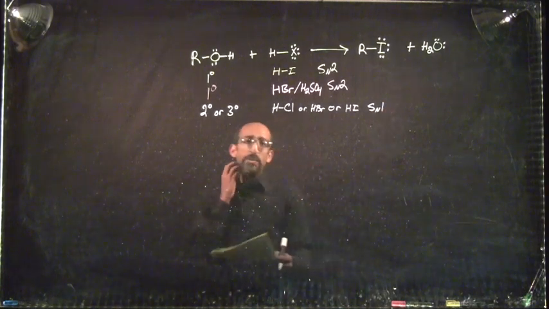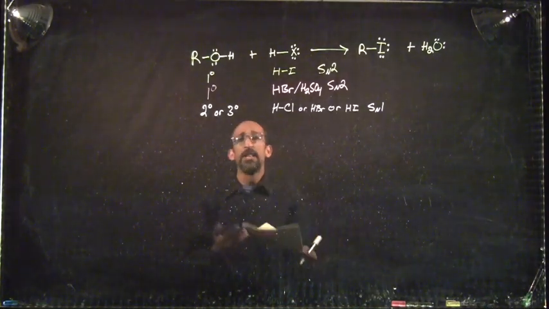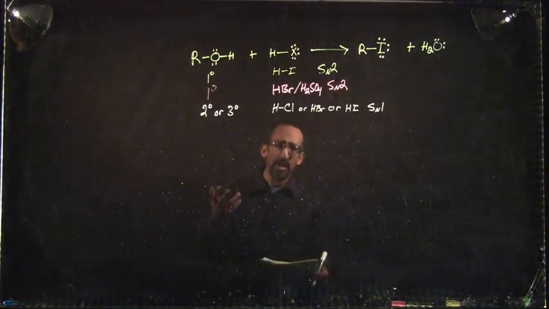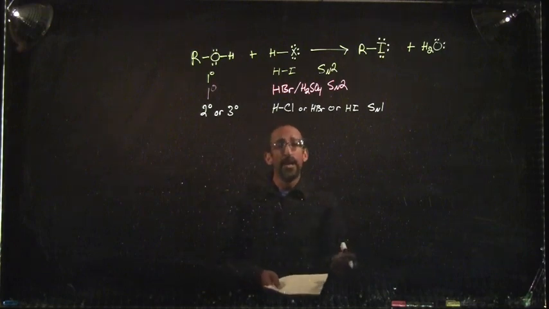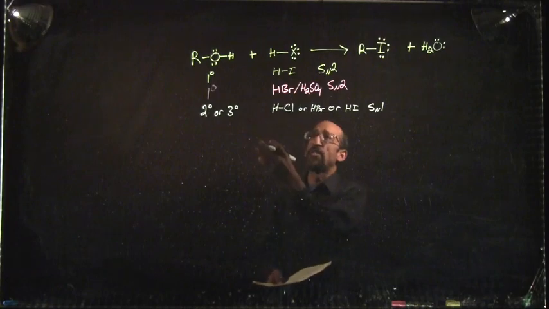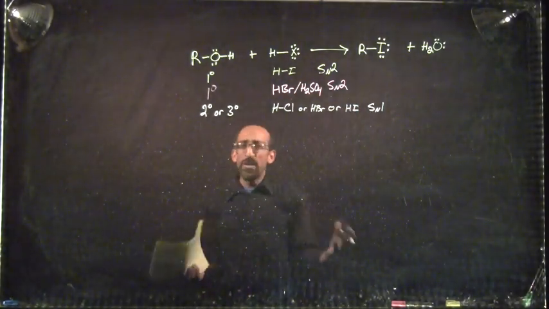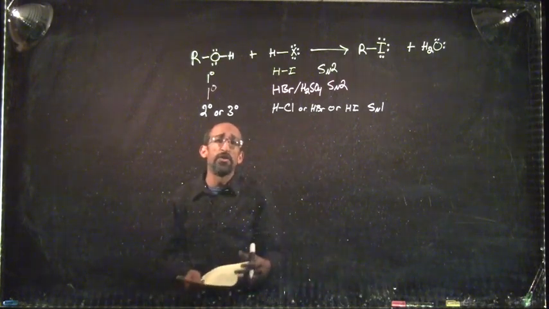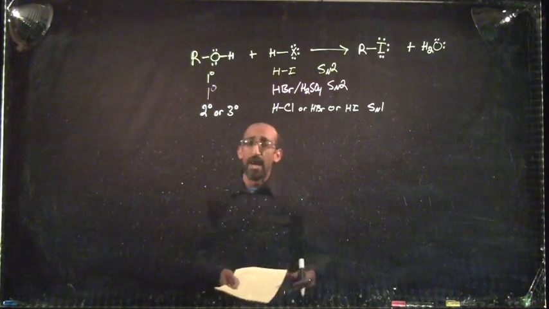Okay, so far we've covered how alcohols behave in the presence of our hydrohalic acids, right? So this is HI, HBr, HCl. And really the only type of substitution we can do is to convert an alcohol into an alkyl halide. But what if we want to use some nucleophile that's not a halogen? What if we want to do some other type of substitution on this electrophilic alcohol?